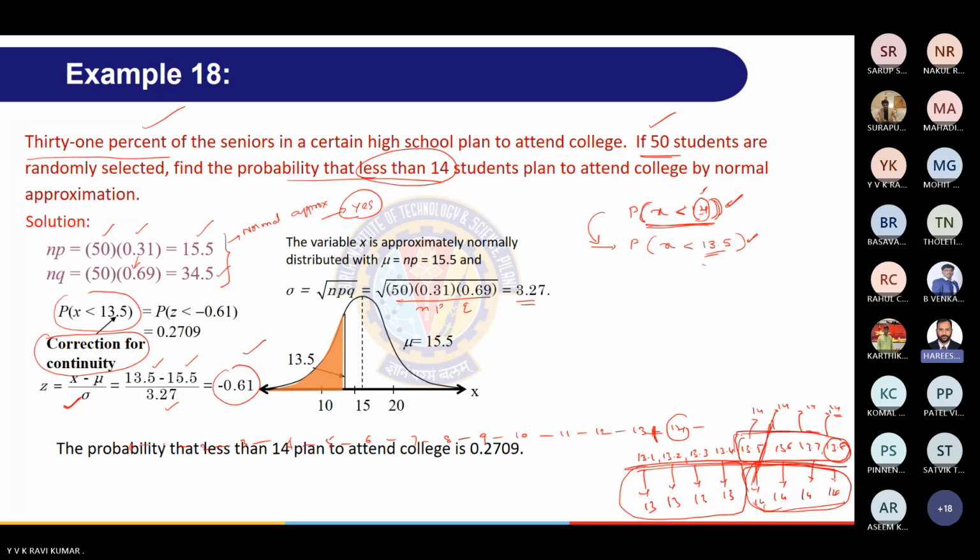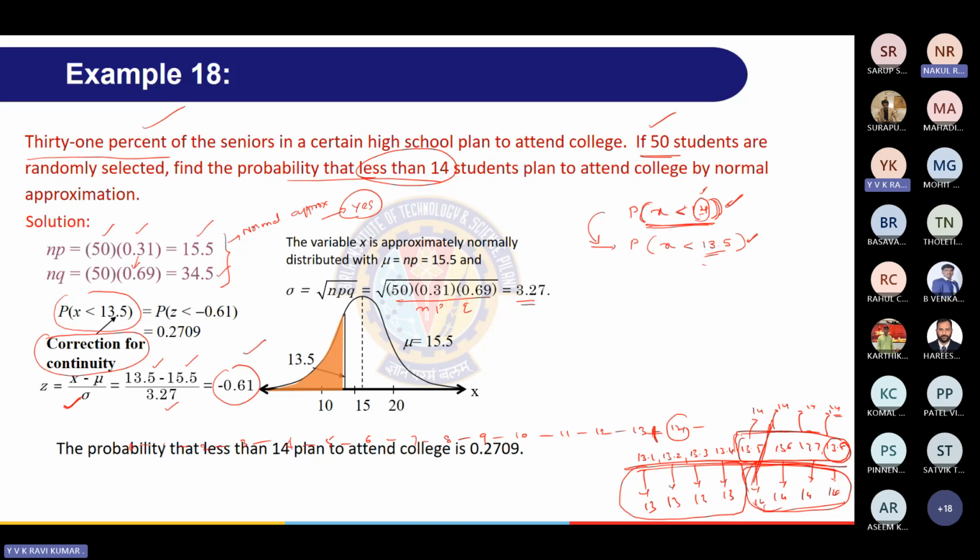Yeah, as it is, we know it is a discrete problem, even though we are using a continuous normal distribution, it is better to use 13, right? There is no value in between 13. 13.7 and so on are all nothing but 13 only. Yes, but the area calculation will be affected, right? That's why very less difference.